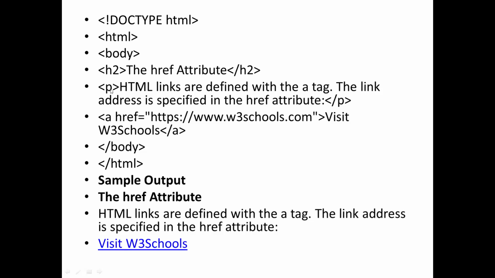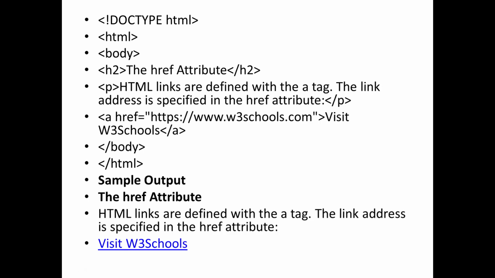In the paragraph, I am specifying some content and closing the paragraph also. This is an href attribute that I am using in the anchor tag, and for this I am giving a value. So A is the element, href is the attribute, and http://www.w3schools.com is the attribute value. And the text I am going to give is Visit W3Schools.